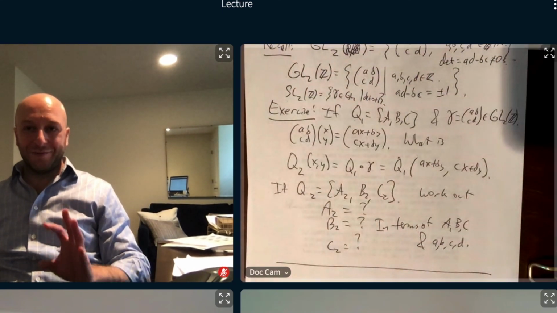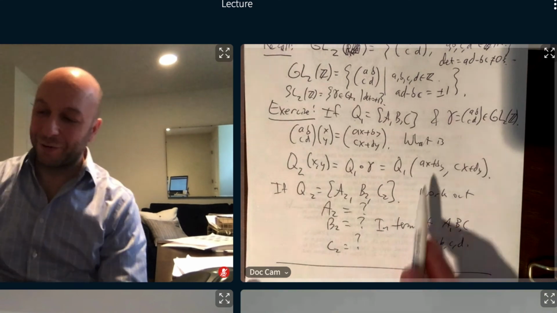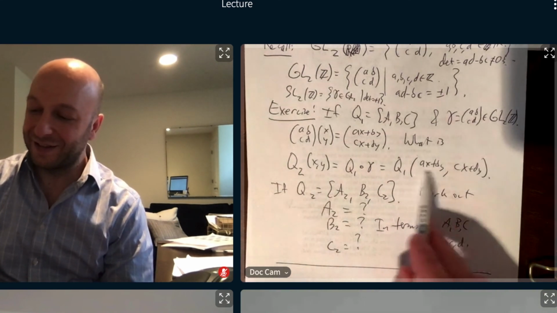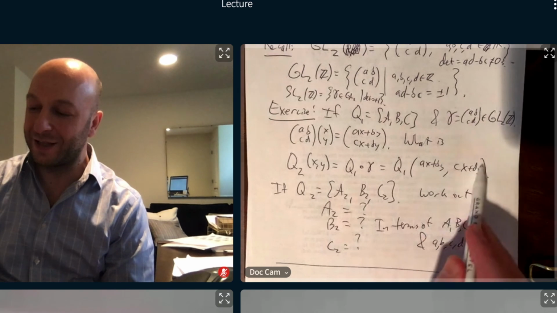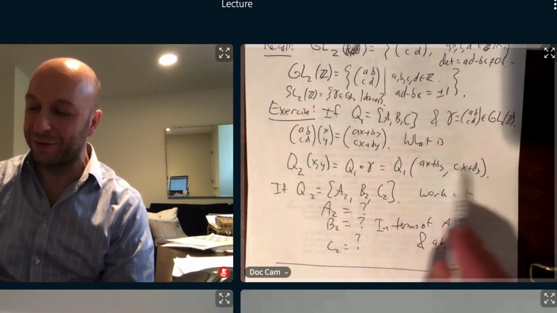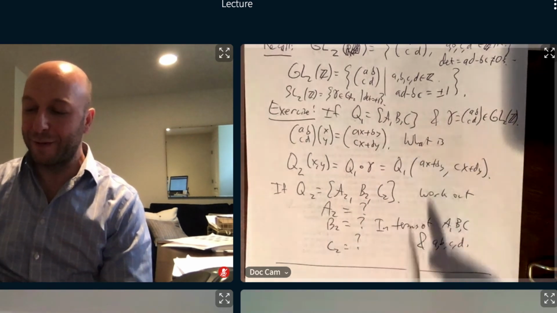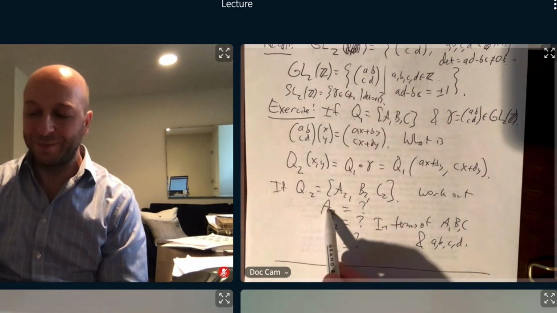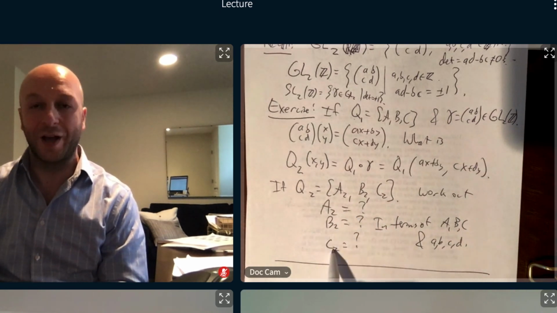If you can just do this computation, in other words, stick this thing in for x squared, stick this in for y squared, and stick these two in for x, and multiply everything out and collect the terms of x squared, and collect the terms of xy, and collect the y squared terms.